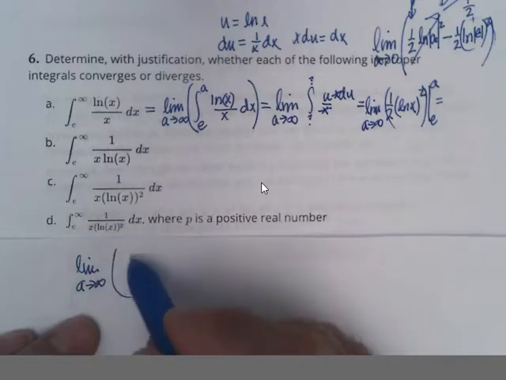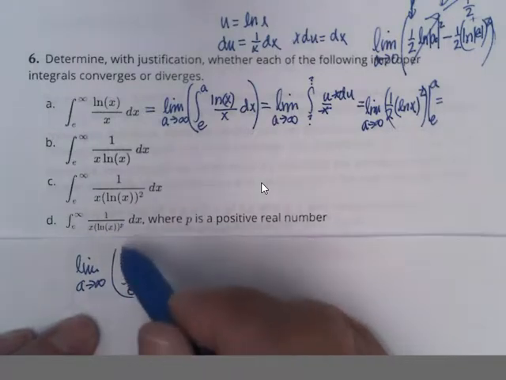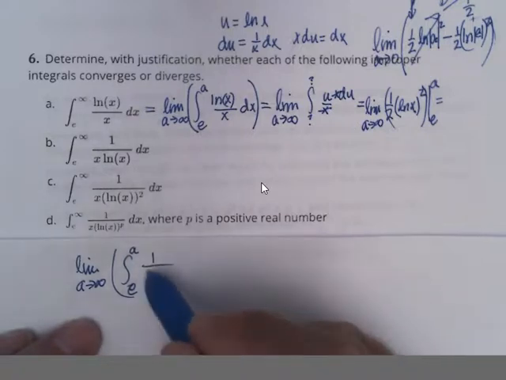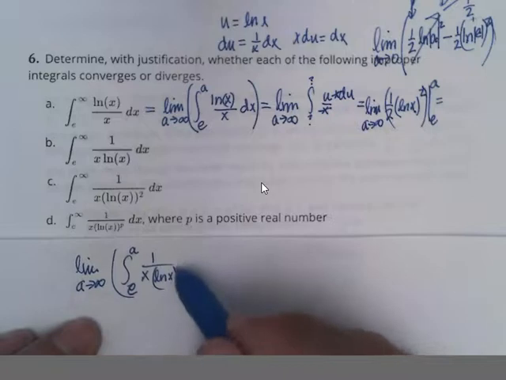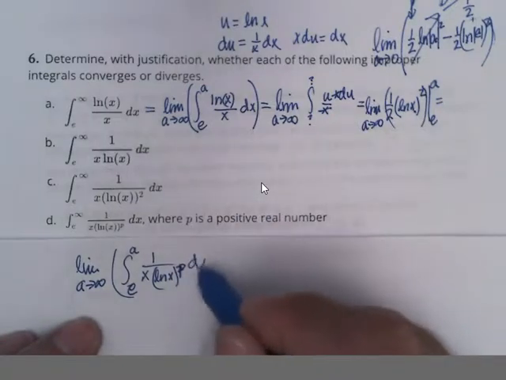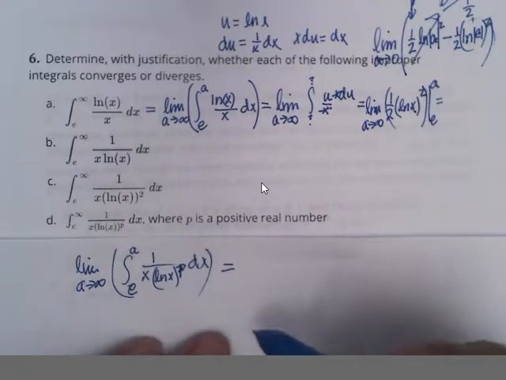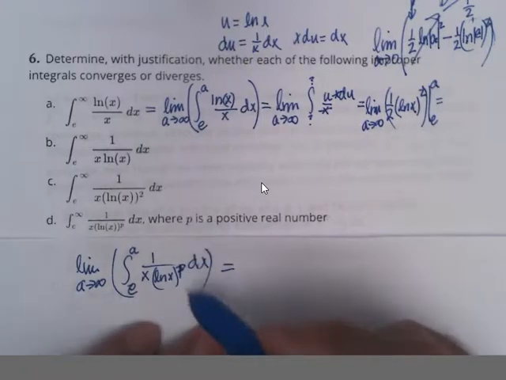We're going to do the antiderivative. It's supposed to be from e to infinity, but I'm making it a, of 1 over x times ln x to some power p dx. So if p is a positive real number, then we can do this one, I think.